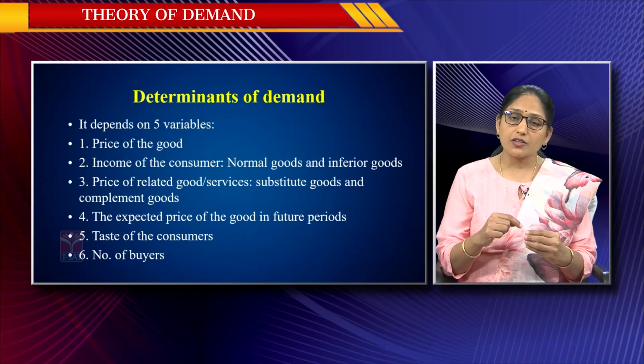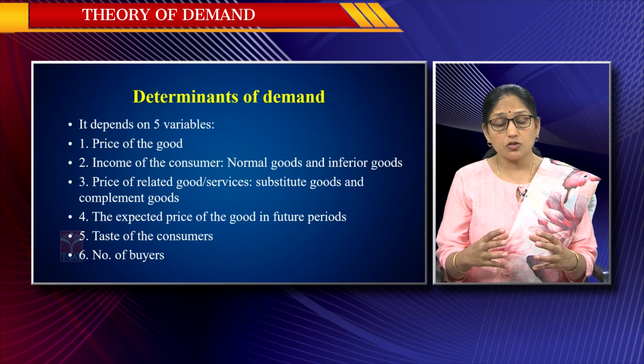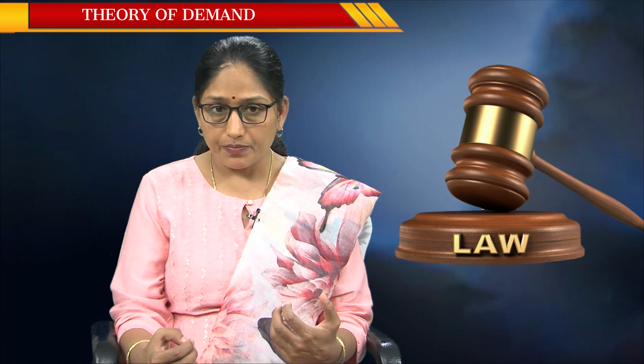Second, complementary goods. Complementary goods are those goods which we should use jointly. For example, pen and ink. They are complementary goods, because without ink we cannot use the pen, and without a pen there is no use of ink. Whenever the price of one substitute good increases, the demand for the other good will increase.